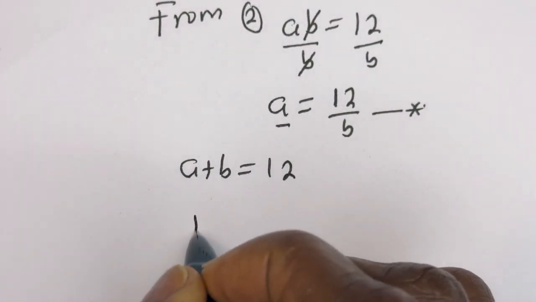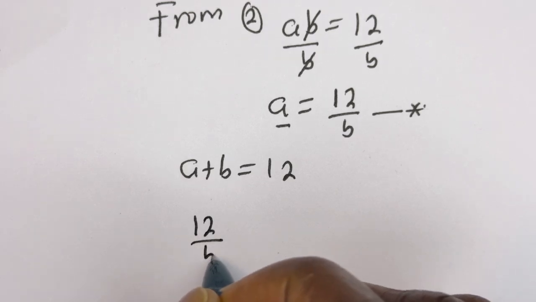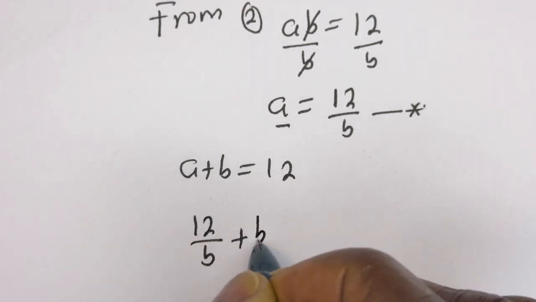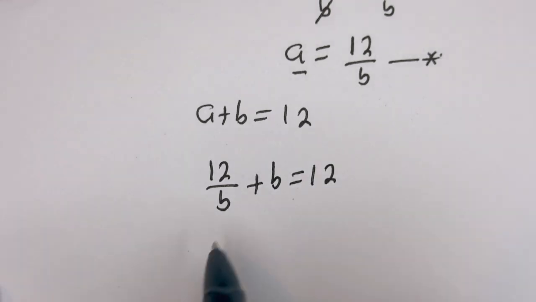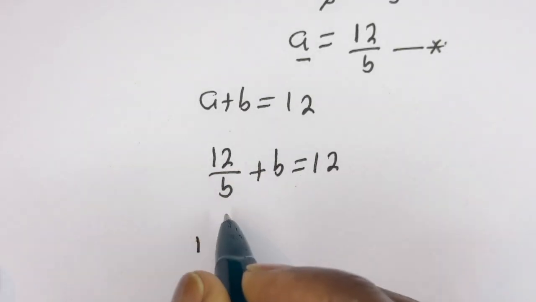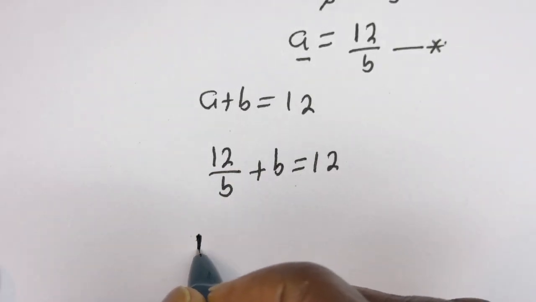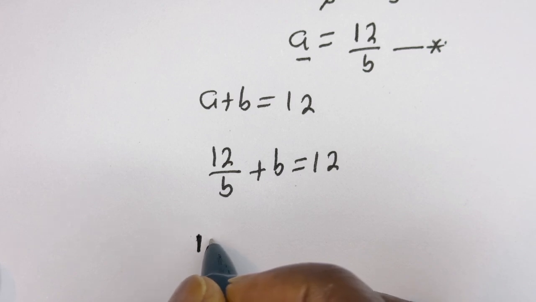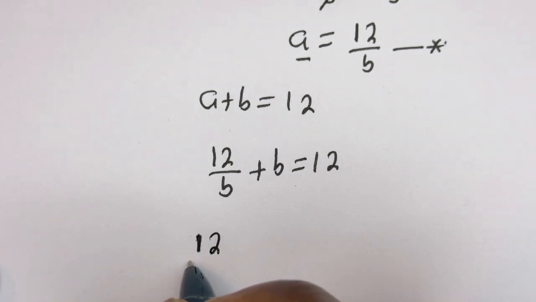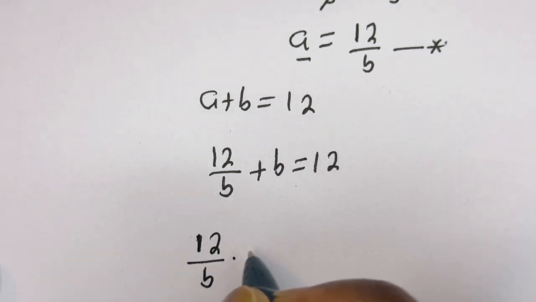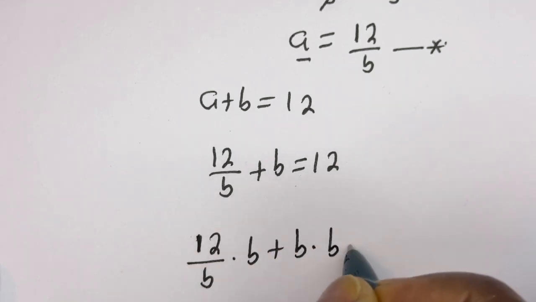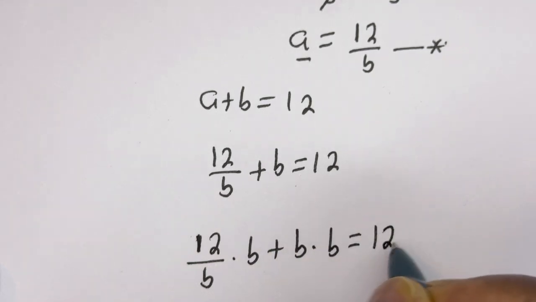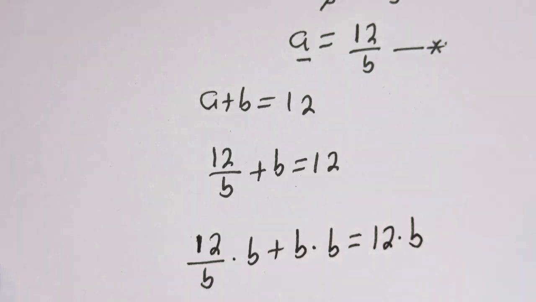Then we have 12 divided by b plus b is equal to 12. Let's multiply all through by b: 12 divided by b multiplied by b plus b multiplied by b is equal to 12 multiplied by b.